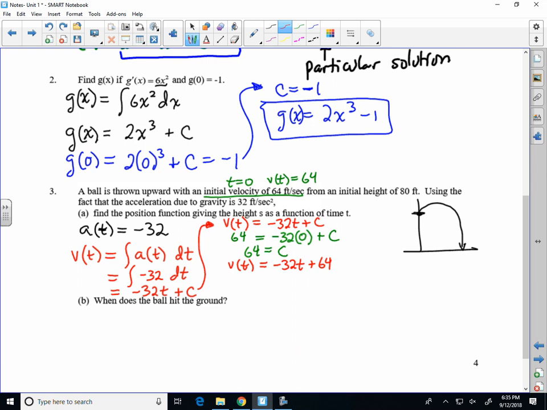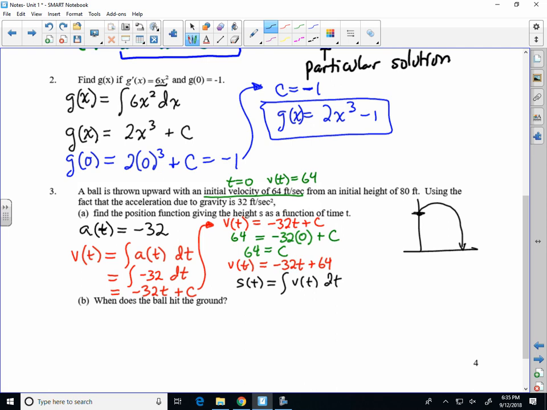All right. Now they said find the position function. I just found the velocity function. So that means we got to do it again. We got to find the antiderivative again. S of t, S for position, is equal to the antiderivative of the velocity function with respect to time.